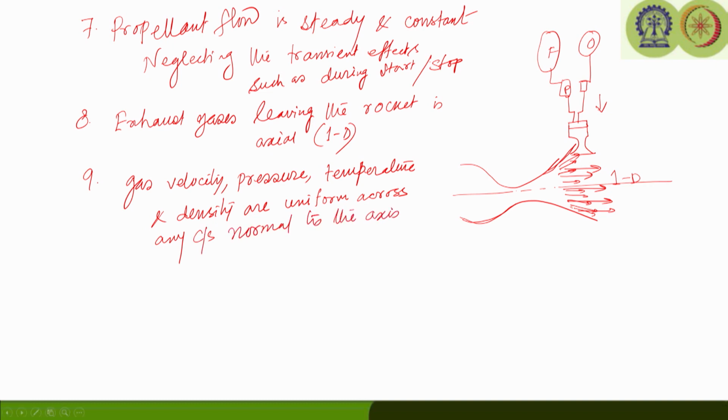What does it mean? It means, let us say we consider a section here, at A, B. At any section, there are various locations at different radial positions. According to this assumption, the gas velocity, pressure, temperature and density are uniform across any section normal to the axis.